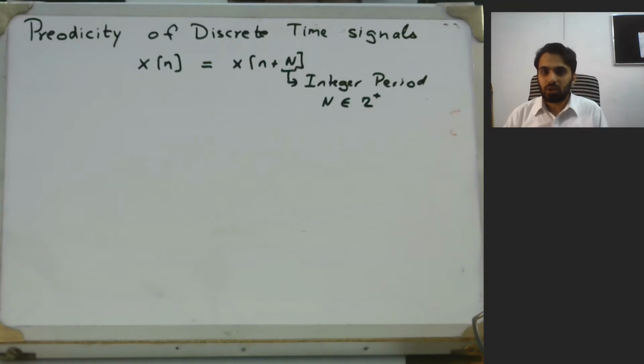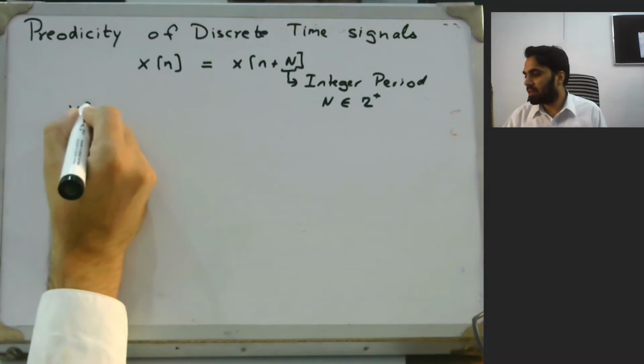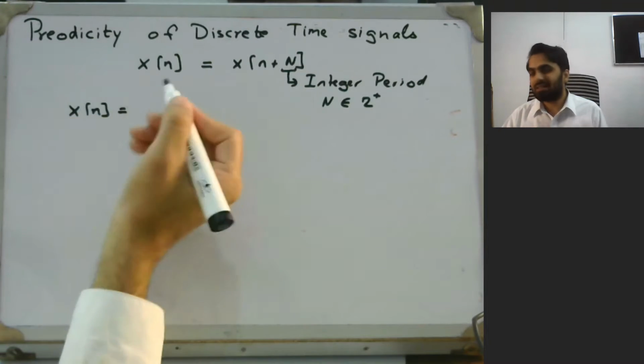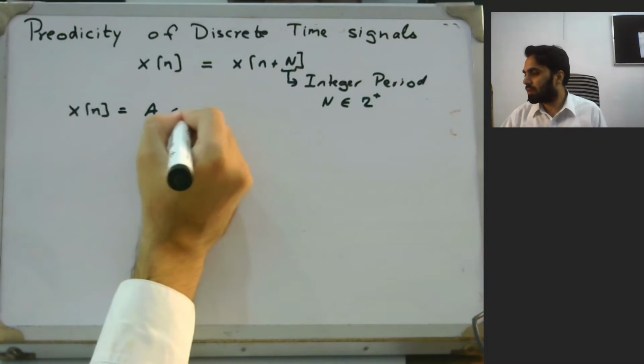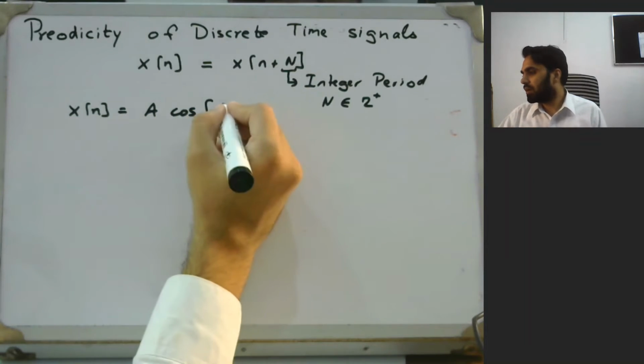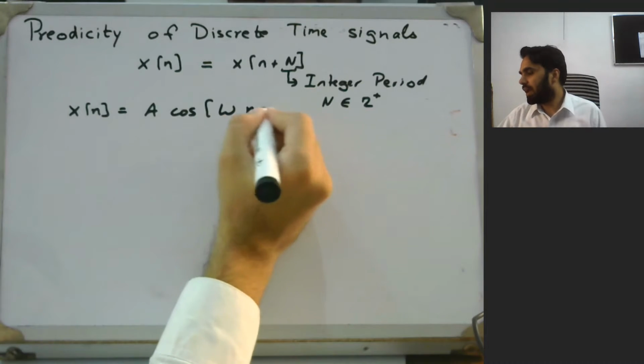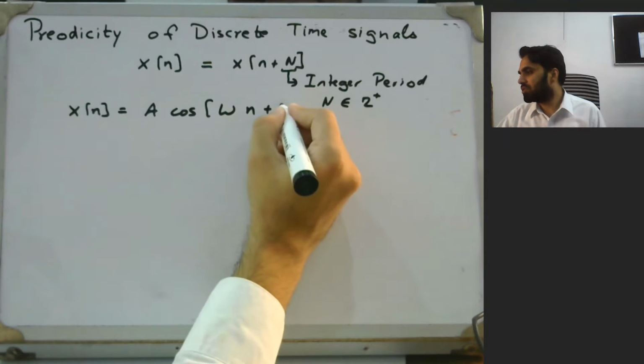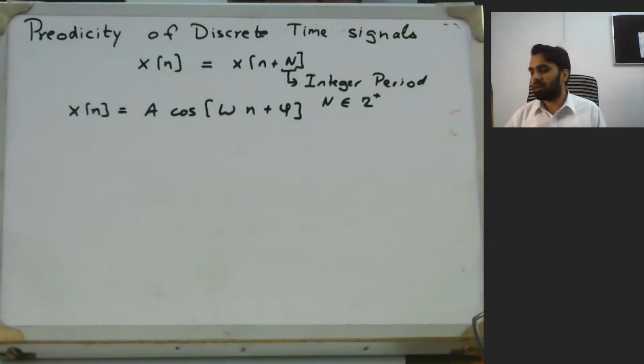Let us look into one simple example and try to understand this further. Say we have a generic signal x of n, that is A cos of omega n plus some phase shift pi, and we want to check its periodicity.